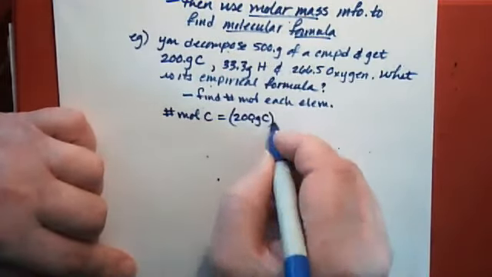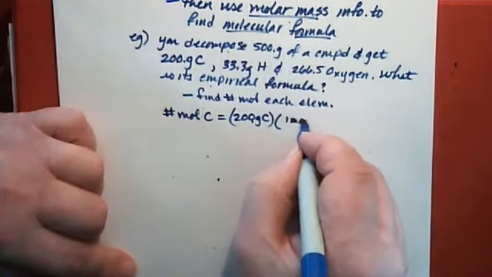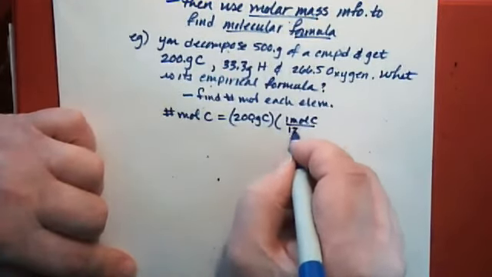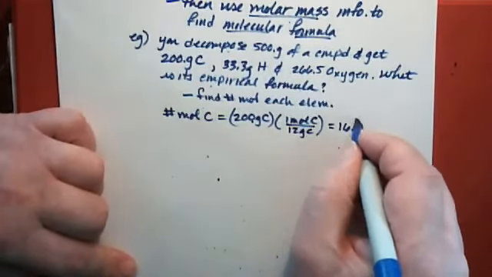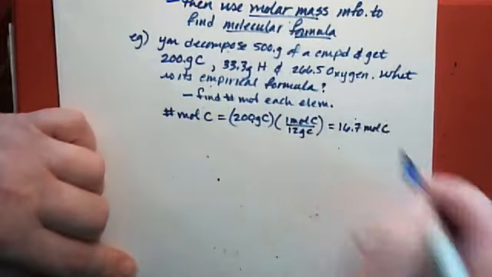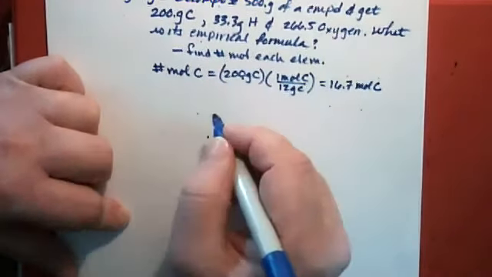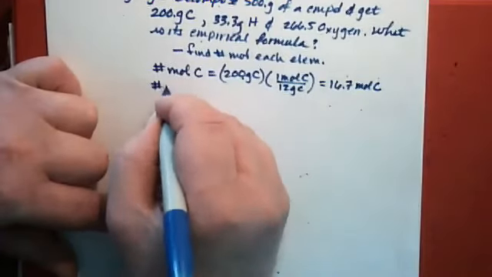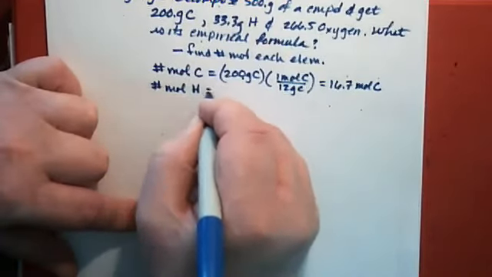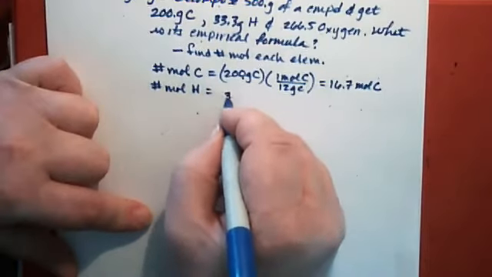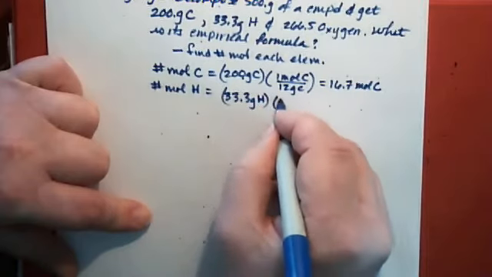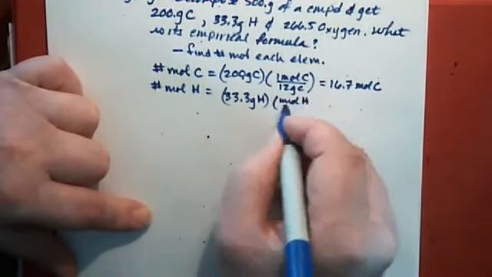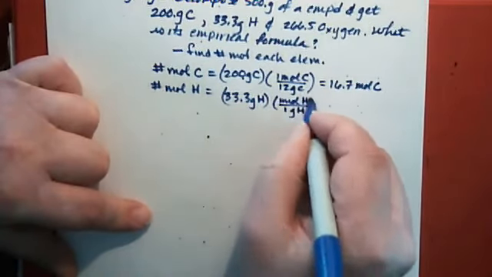So we have 200 grams of carbon, and there's 1 mole of carbon for every 12 grams of carbon. And so that's 16.7 moles of carbon in this sample. We have moles of hydrogen. We had 33.3 grams of hydrogen, and there's 1 mole of hydrogen for every 1 gram of hydrogen.